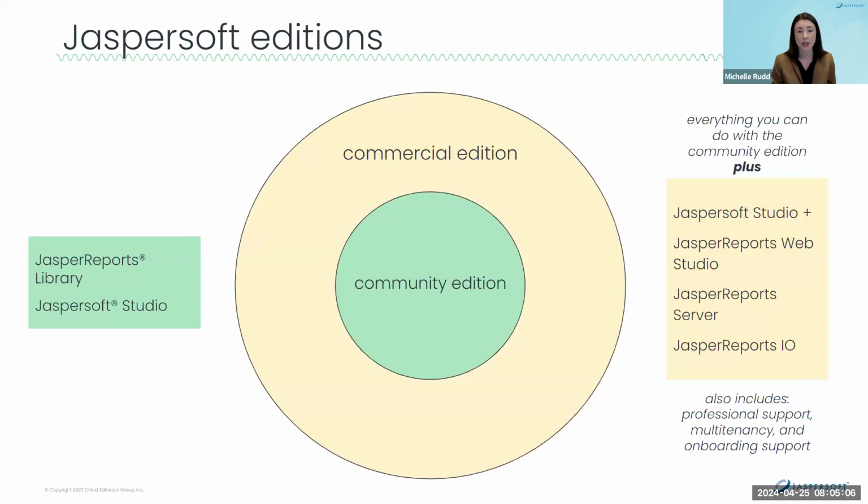With our Commercial Edition, you get more advanced features included with Jaspersoft Studio. Customers also get access to a web-based designer, Jasper Reports Web Studio, Jasper Reports Server to deliver what you want, when you want, and Jasper Reports IO, which is our embeddable microservice engine designed for modern cloud and microservices architectures.